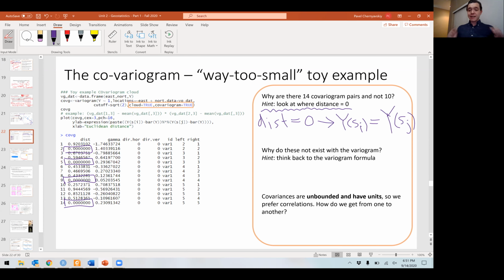If the distance is equal to 0, then I'm actually looking at the covariance of an observation with itself. The covariance, in general, the covariance of a variable with itself is actually equal to the variance.